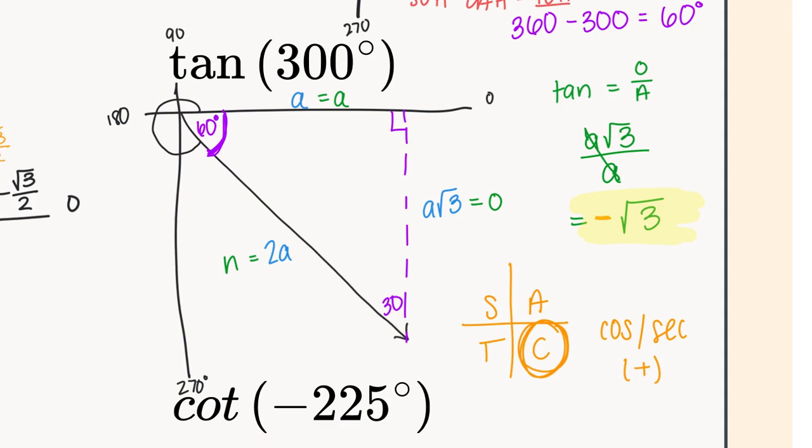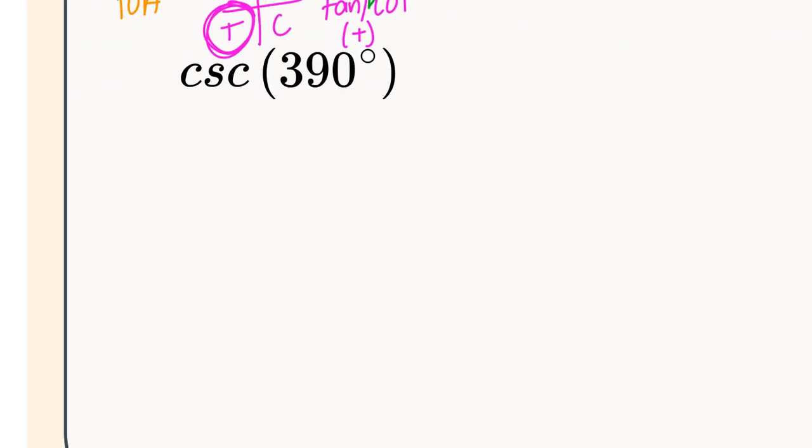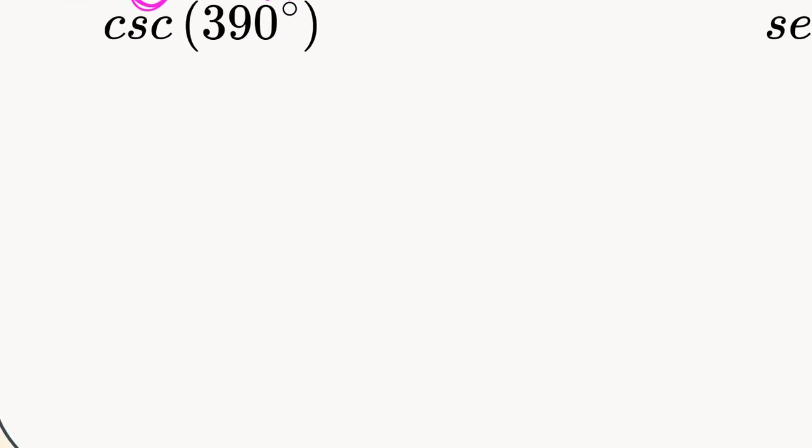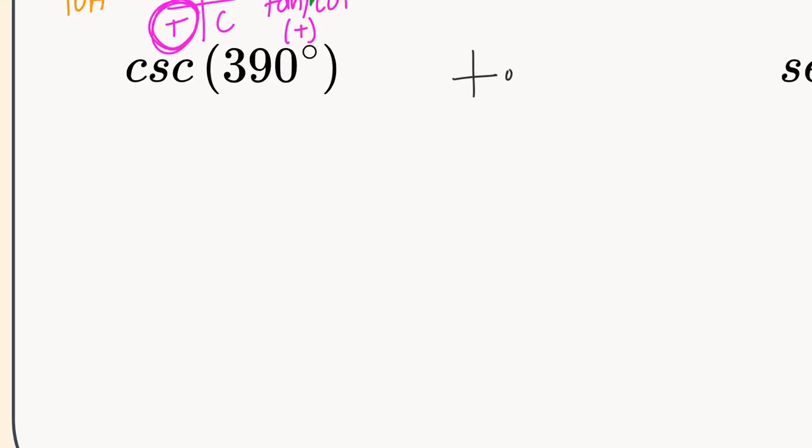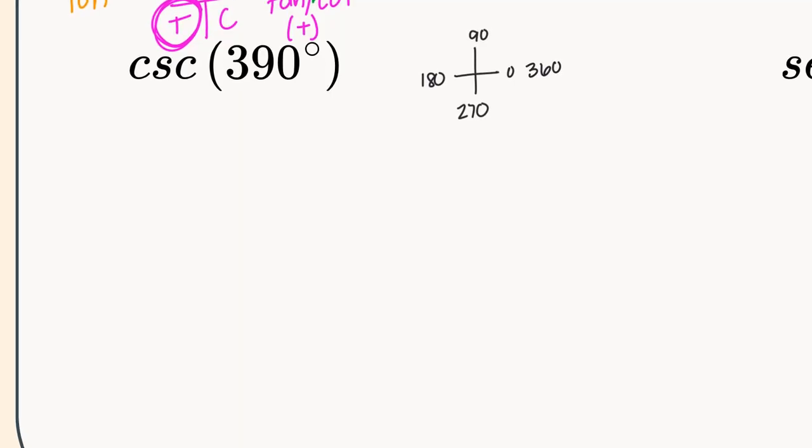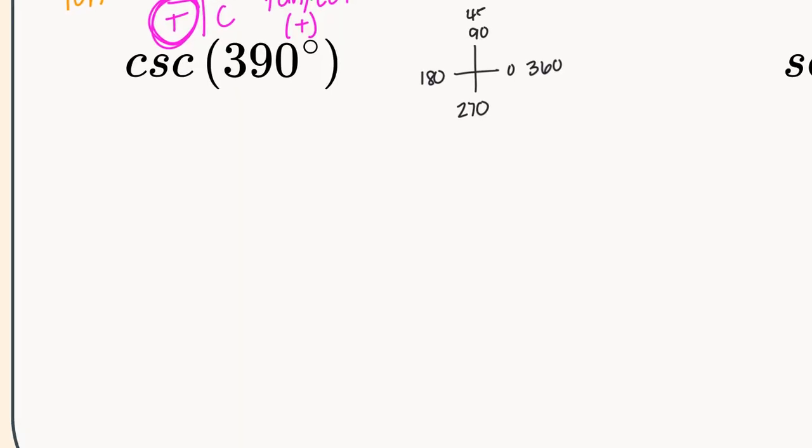All right, going ahead and looking at the next one, cosecant 390, still doing the same thing. If you want to draw, again, a rough sketch of your coordinate plane, right here I have 0, 90, 180, 270, 360, and plus 90 would be 450.